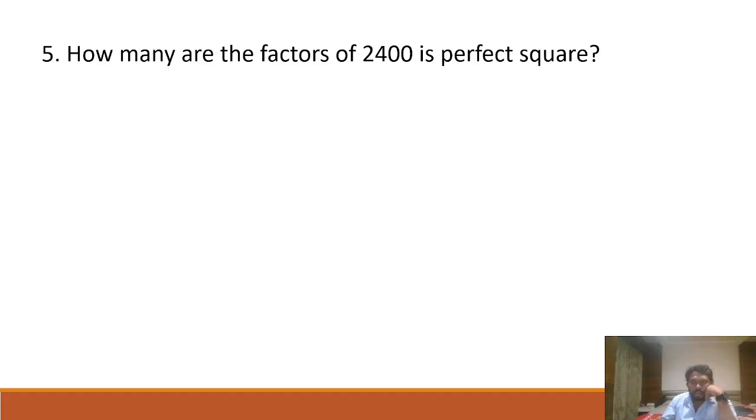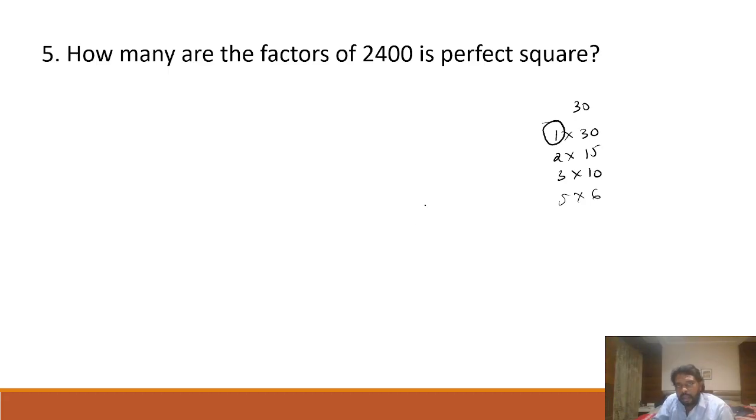Now, if you see our previous example 30, 1 times 30, 2 times 15, 3 times 10, sorry, 5 times 6. So here, how many perfect square factors are there? You'll think that there are no perfect squares here, but 1 is a perfect square.